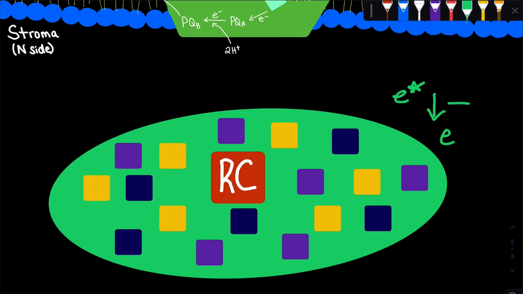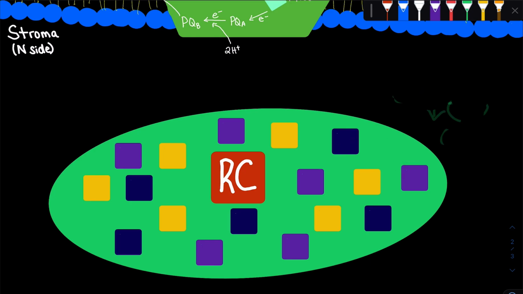As it does so, there's a release of energy, and that energy can be transferred to a neighboring pigment molecule. Then this neighboring pigment molecule's electron will get excited, then quickly drop back down to its ground state again, and there will be a release of energy that will be transferred to another pigment molecule.